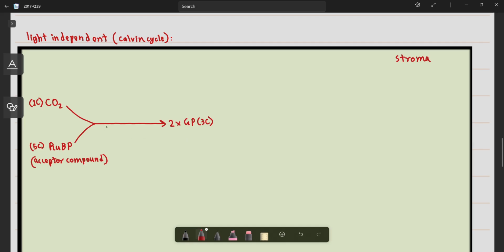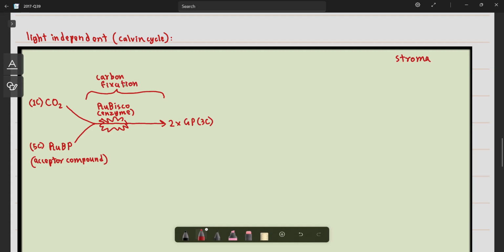This reaction is catalyzed by an enzyme called Rubisco. The most important name for this reaction is carbon fixation.